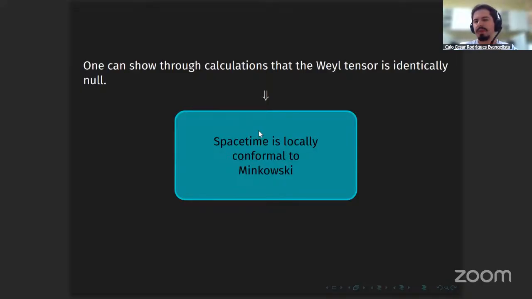For calculations, you can show that the Weyl tensor is identically zero, which means that the space-time is locally conformal to Minkowski, or locally conformal to a subregion of the Einstein static universe. And from this, we can start talking about the causal structure of this space-time, because with this property we can conclude that photons in this space-time actually only see Minkowski.